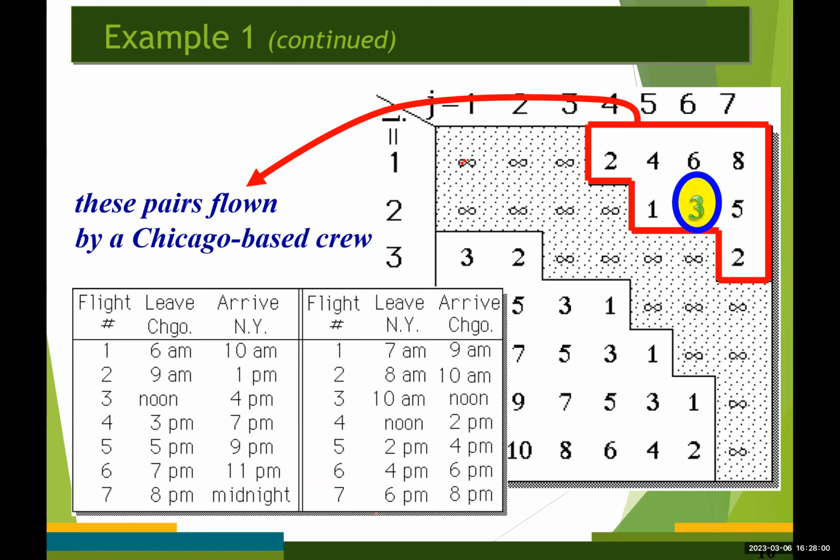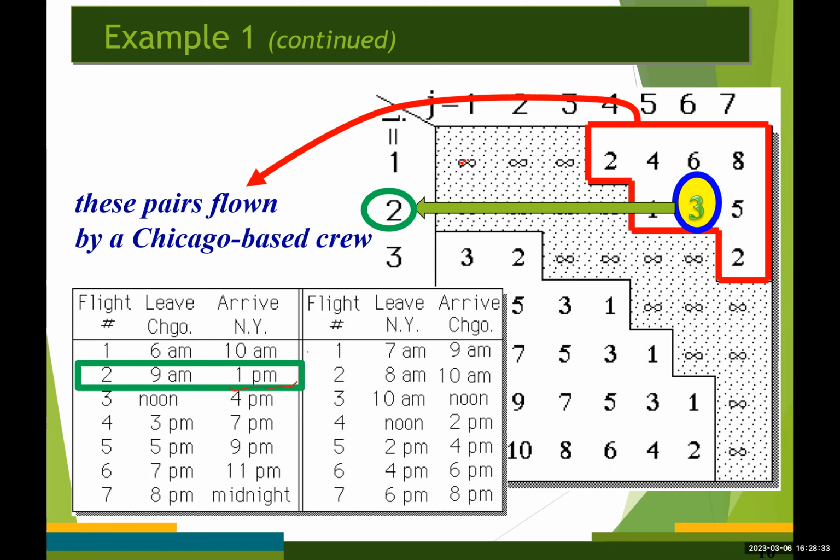Okay, then what about this? How do you get this number 3, the layover time of 3 hours? Again, this layover time is for the Chicago-based crew, right? So he takes flight number 2 to New York City. He will arrive in New York City at 1 o'clock in the afternoon, right?